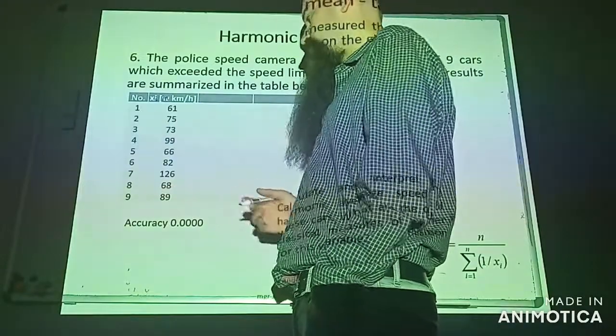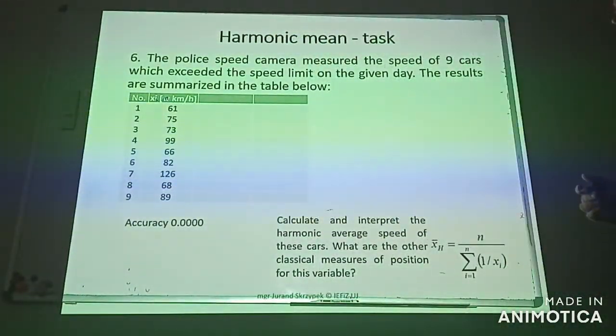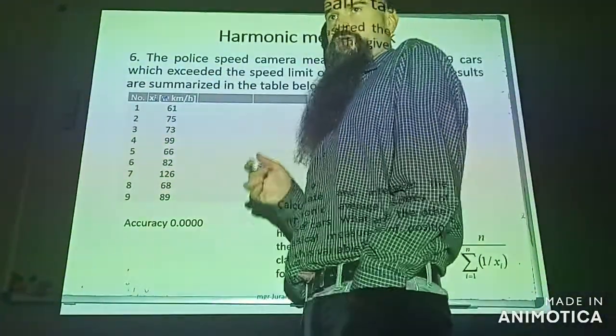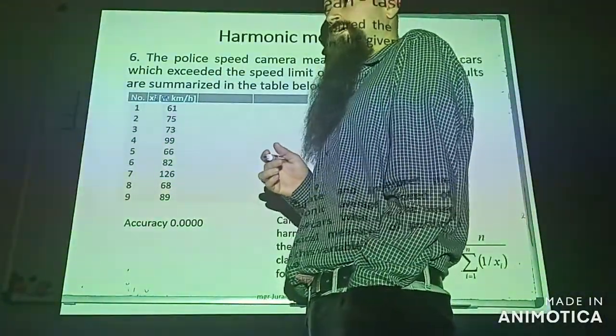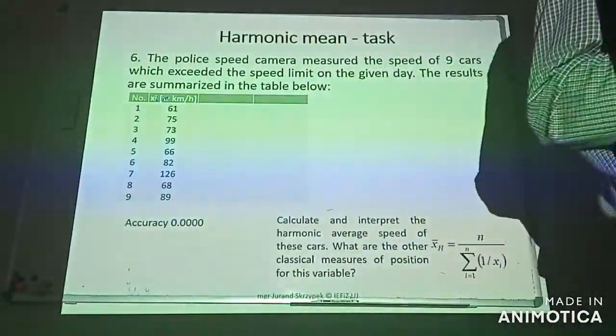We have 9 observations, 9 values, and let's try to compute the harmonic mean. Our variable has a ratio character.